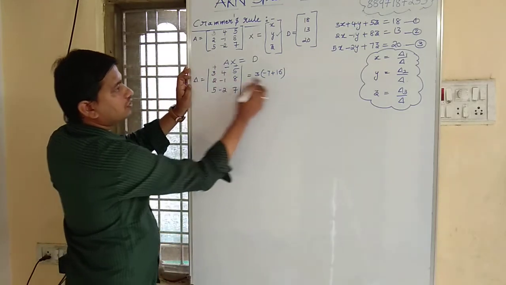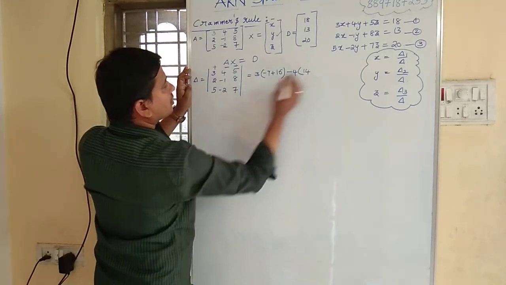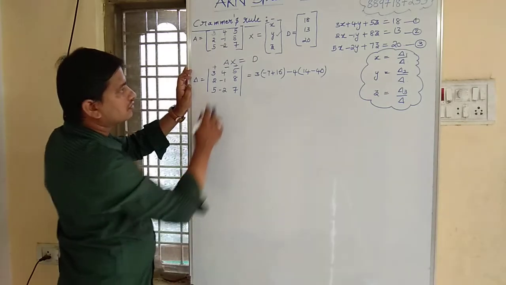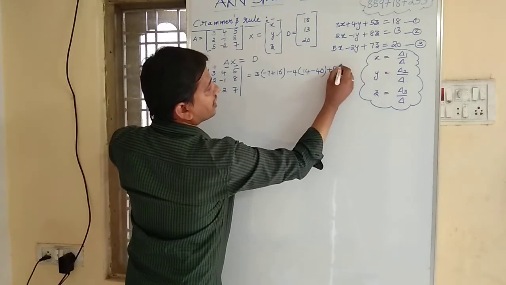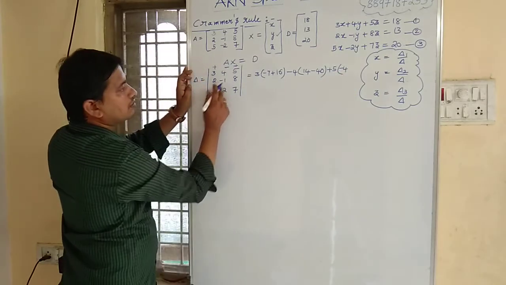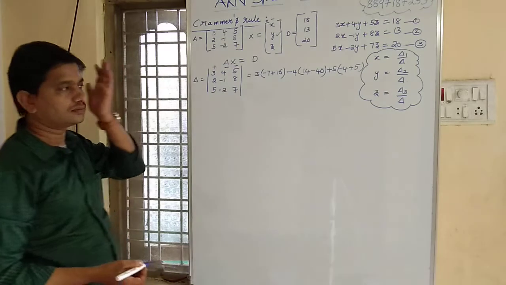Next, minus 4 into 2 times 7 is 14 minus 5 times 8 is 40. Plus 5 into 2 into minus 2 minus minus 1 times 5, that is plus 5.